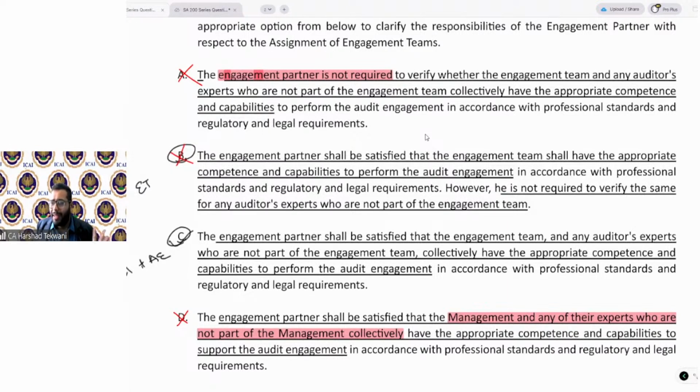Then there are other requirements of this SA which require you to maintain professional skepticism and understand the business and its environment. The auditor is required to identify the risk of material misstatement at the assertion level. There are other requirements in this SA which the auditor is required to fulfill.